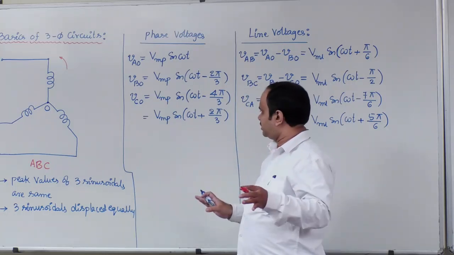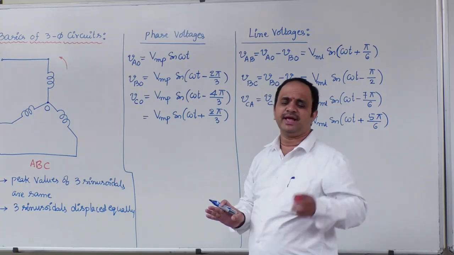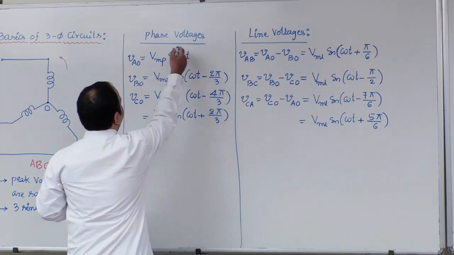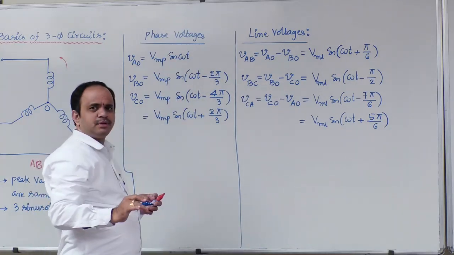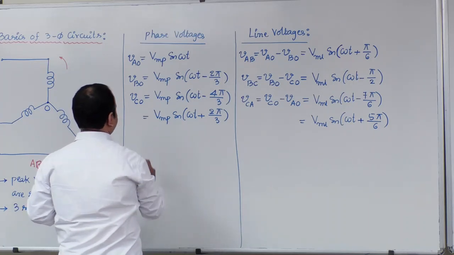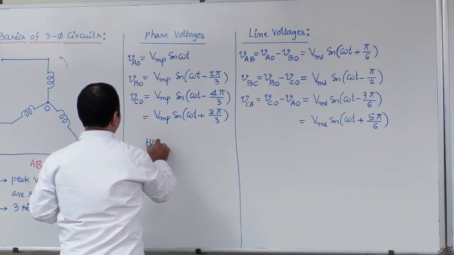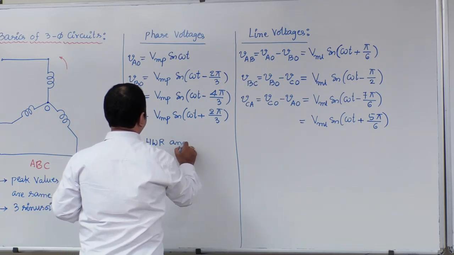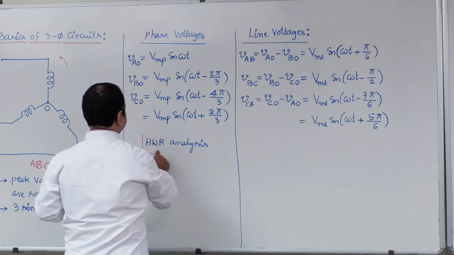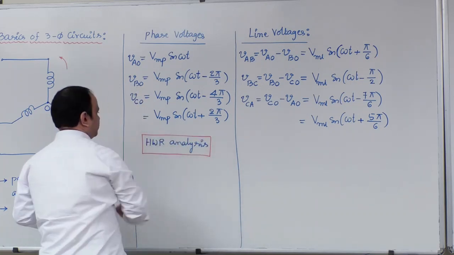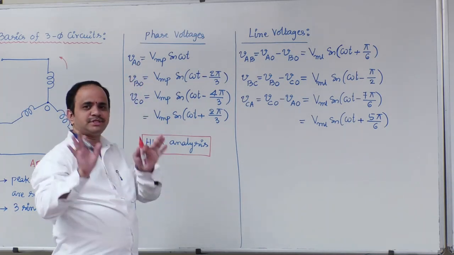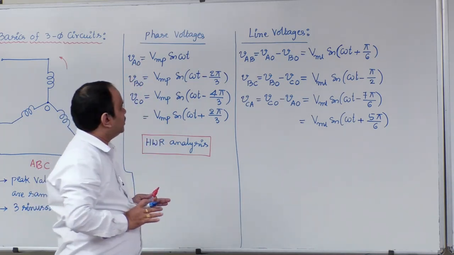But just for ease of analysis, as per my knowledge, the phase voltages group reference is preferable or easier for understanding and analyzing half wave rectifier circuits. So for half wave rectifier analysis, it is preferable to consider VAO, VBO, VCO waveforms as the source voltage representation.